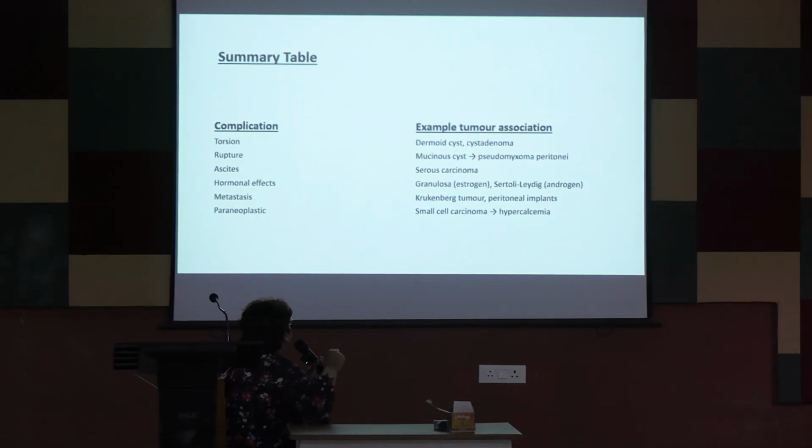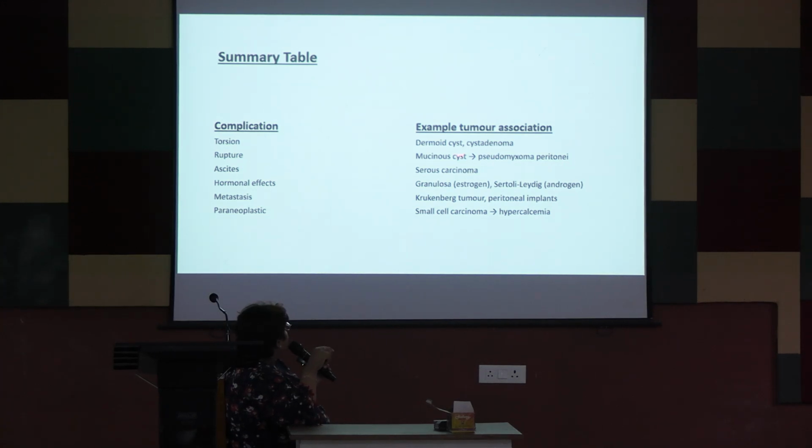Now, this is the summary table. Torsion of the ovary is most common with dermoid cyst, and it may also occur with the cystadenomas. Rupture is more common with mucinous cystadenoma and causes pseudomyxoma peritonei.